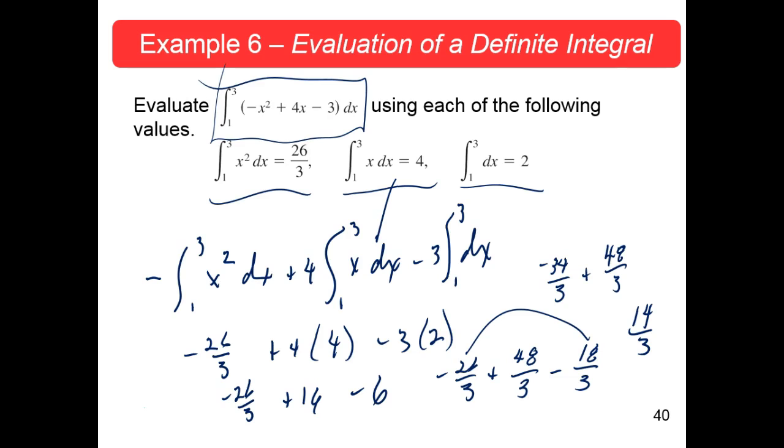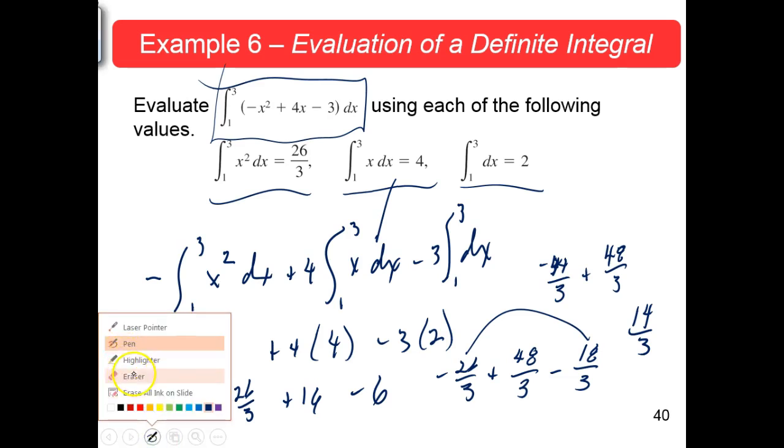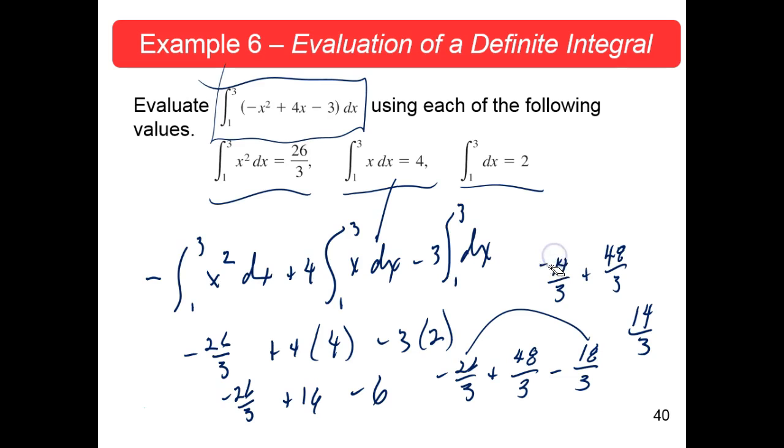Boy, the old gray cells aren't working too well this morning. That's 44 thirds. Yeah, thanks for the help, everybody. Glad y'all are with me. 44 thirds plus 8 thirds. If I can get my pen back, it's a 44 thirds.